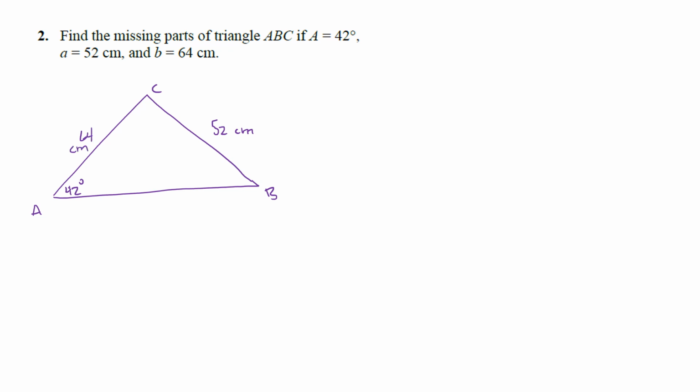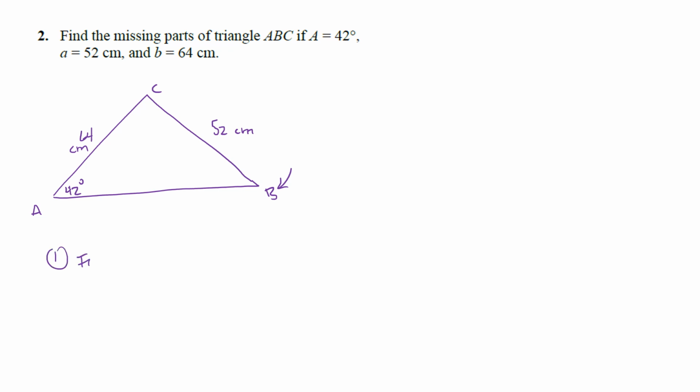Okay. All right. So the first thing that we're going to do is we are going to find angle B. That's the first thing that we're going to do. Because we can use the law of sines to help us because we have the angle A and the side of a.